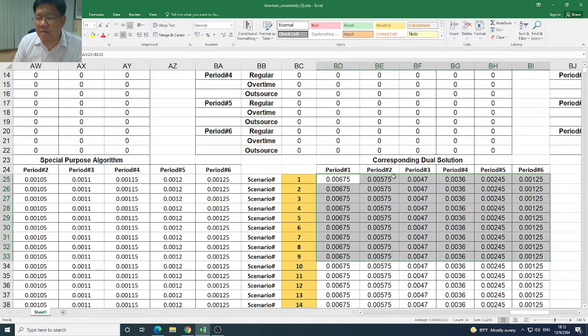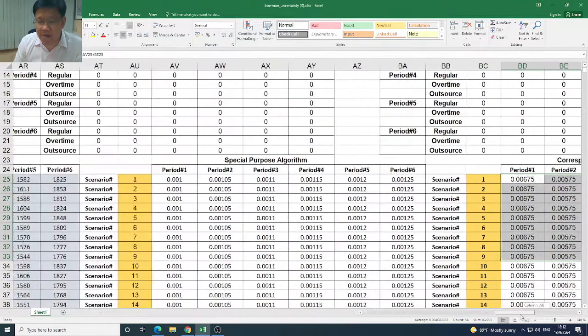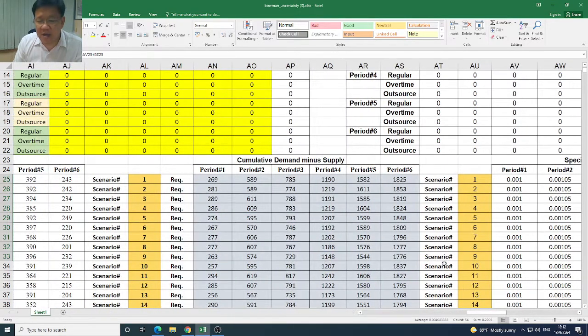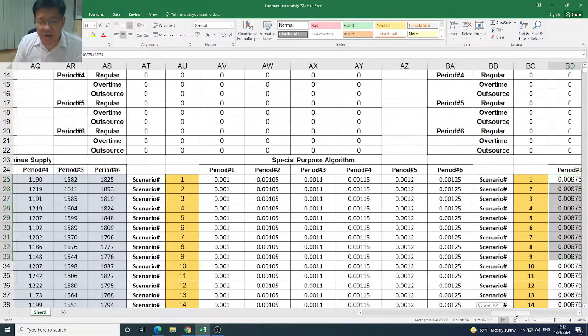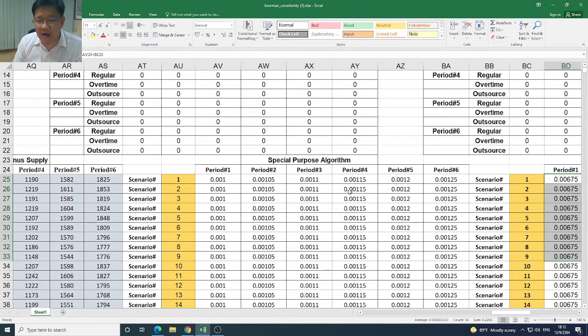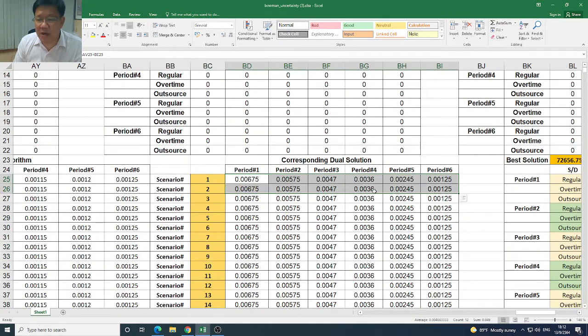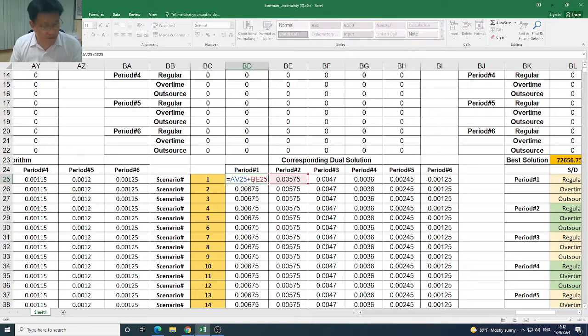So this is the optimum dual solution based on using the special purpose algorithm. This one uses the coefficients to identify the u, this one u sub ik, except the last period will be y, and then we change u and y for each scenario to the optimum y value. This one is the optimum y value.